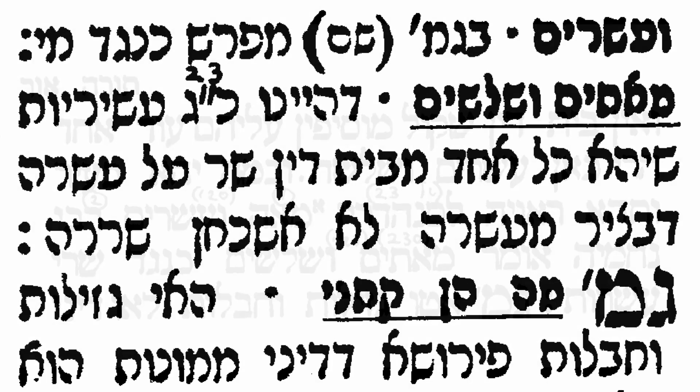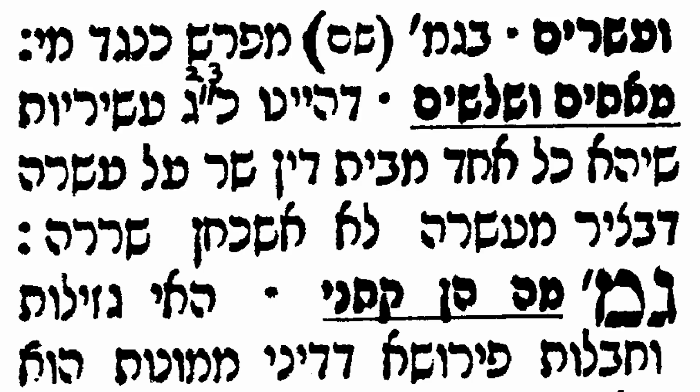Rashi explains here, masayim ushloshim, dahainu, 23 asiros, 23 groups of 10, shekol echad mi bezdin, so that each one of the members of the Bezdin of 23 will be sar shel asora. He'll be a person who is in charge of 10.